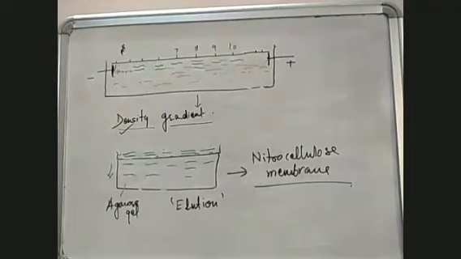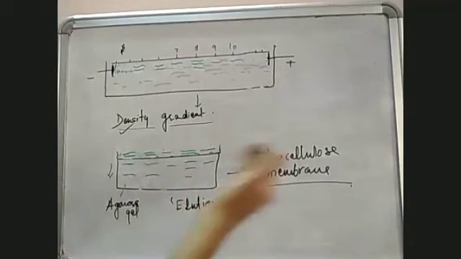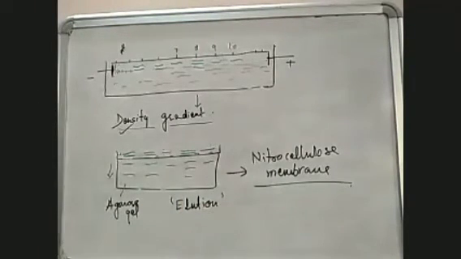An assembly is made in which the agarose gel with these fragments is kept, and above that the nitrocellulose membrane is kept, and they are transferred by the same density gradient process. Okay, so I'll be telling you this tomorrow, but today this electrophoresis point is very important.